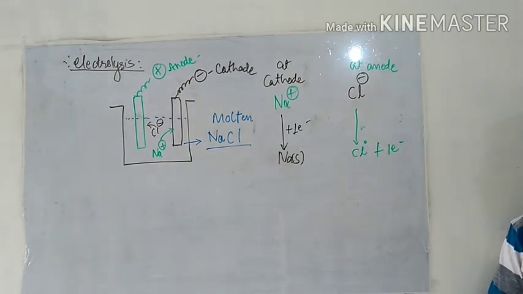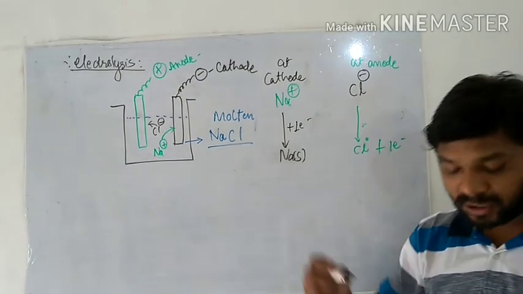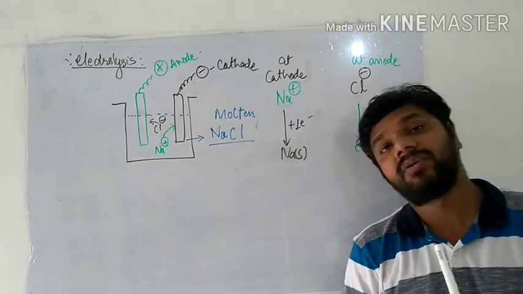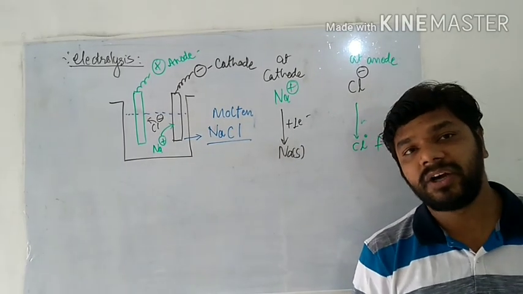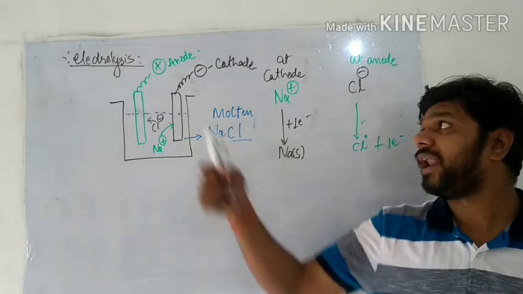This phenomenon, which happens when we pass the electric current through a solution, is called electrolysis. Electrolysis is the process of passing the electric current through the solution of electrolyte.